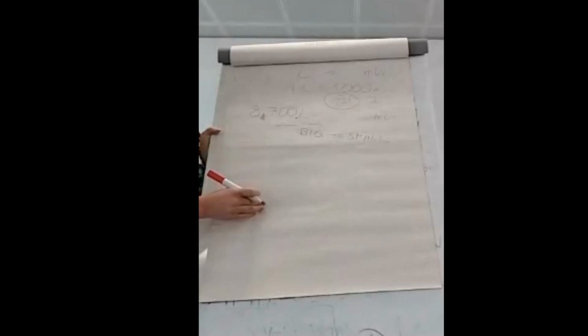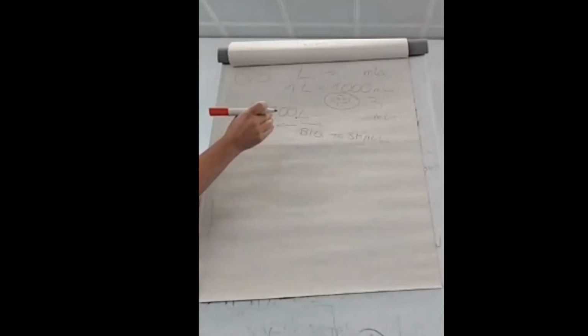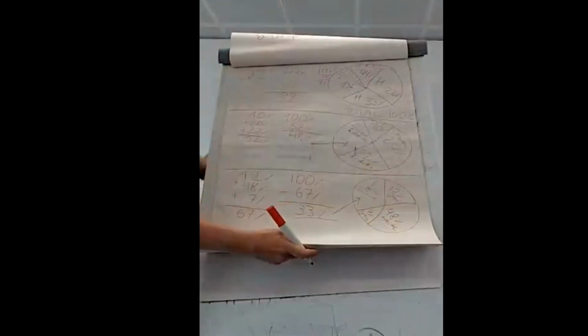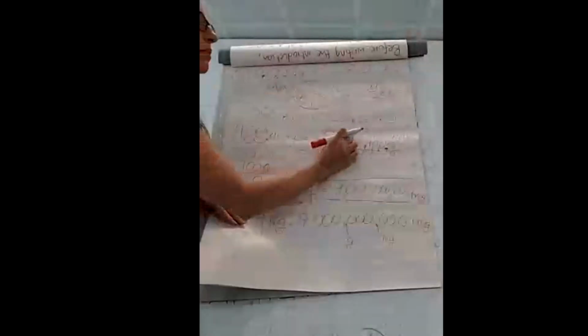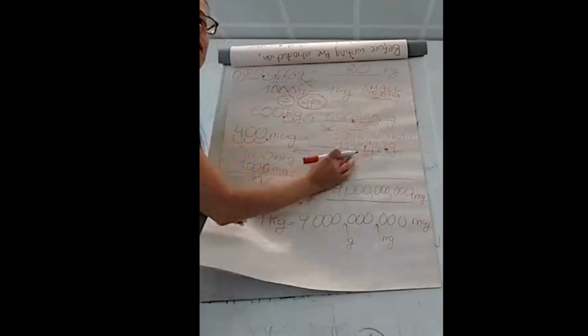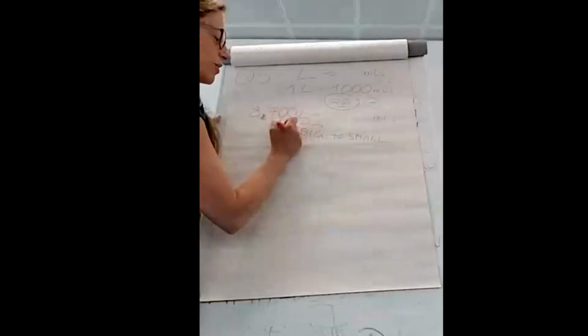Okay, let's look. So we had big to small. Big to small is where? Right. Okay, so we agree now on right. Yes. So we're going to go to the right side.